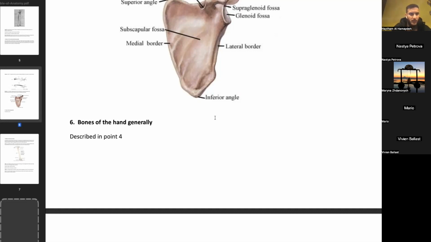Yes, it's a flat bone. Perfect. All good. Okay. All good about this one? Done? Okay, now we're done with 4. We have one more, which is number 5, the pelvic girdle. I hate this one. Everybody does. It's the worst.